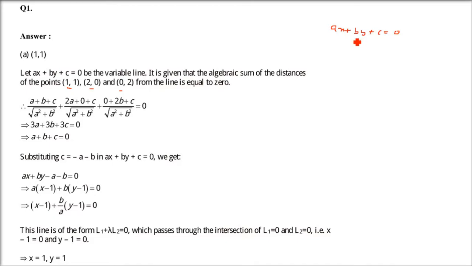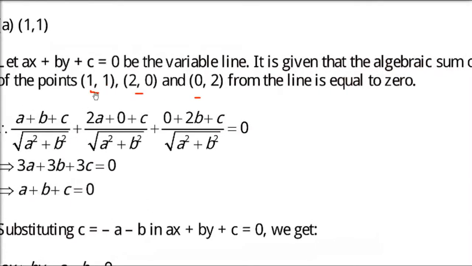We know the formula of the distance of a point (x1, y1) from a line: put x1, y1 in ax1 + by1 + c, and divide by the root of the sum of the squares of the coefficients of x and y.